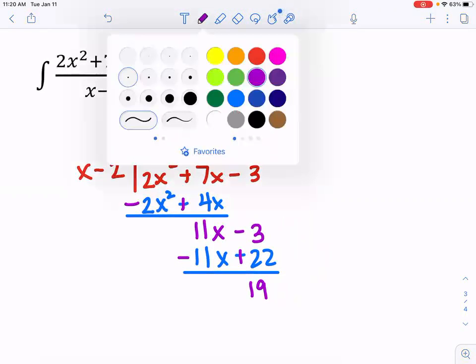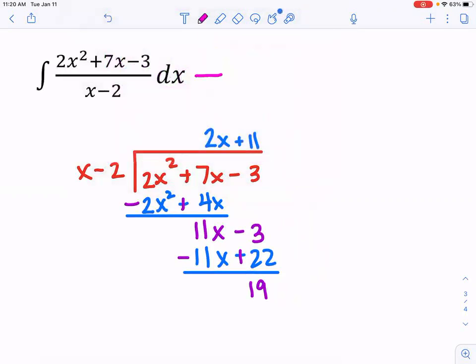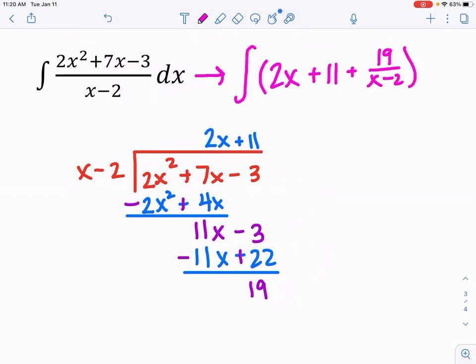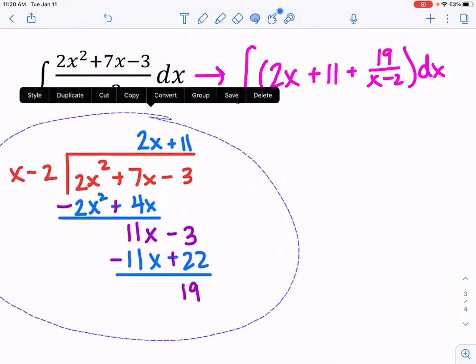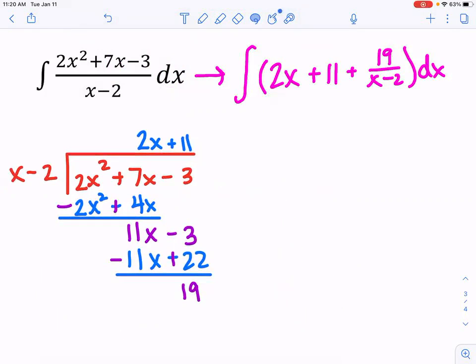Our integral can become 2x plus 11 plus 19 over x minus 2. We actually performed the division. So this expression basically just simplifies to this expression.